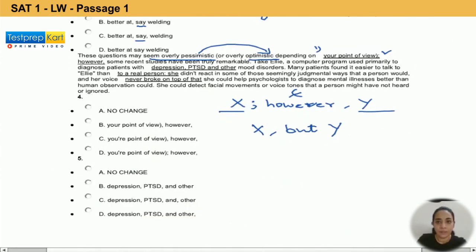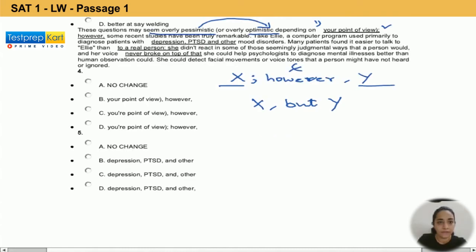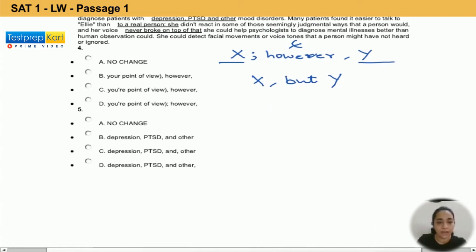Let's go back. Question number 5. Let's look at the options. We have depression, then second item, and the third item. So this seems like a list. And a list takes us to the rule parallelism. We have seen that parallelism tests lists. So what do we do?